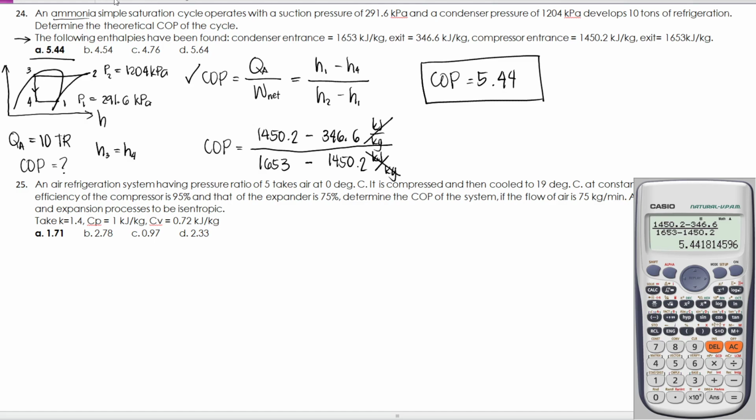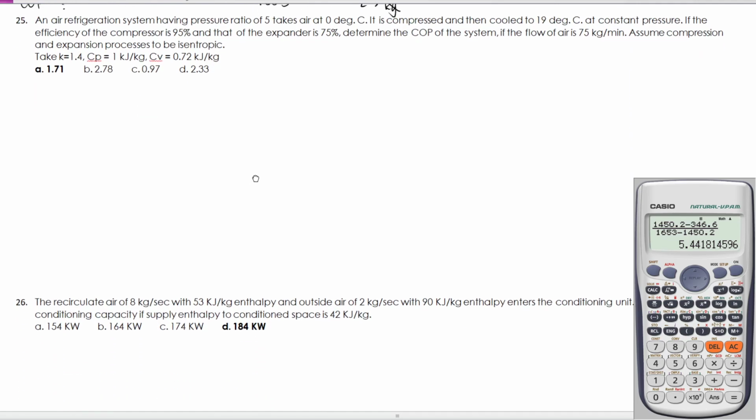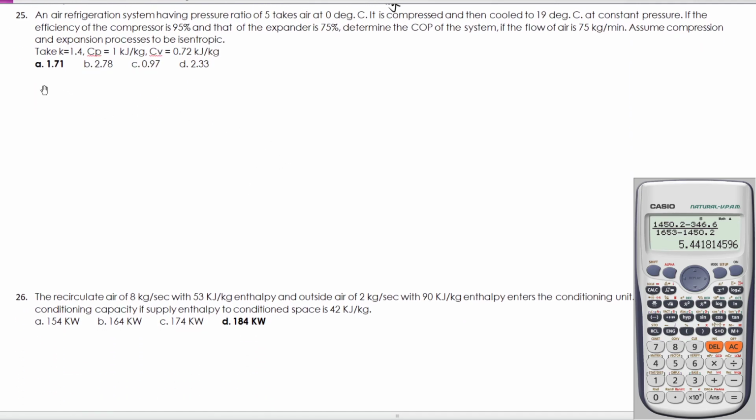Dito naman kay number 25. Kasulin natin. Medyo malaki yung space natin dito since medyo mahaba-haba ang problem. Alright, so discuss ulit natin. An air refrigeration system having pressure ratio of 5 takes air at 0 degrees Celsius.